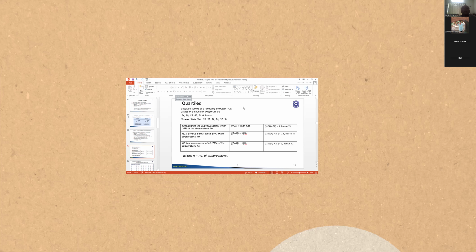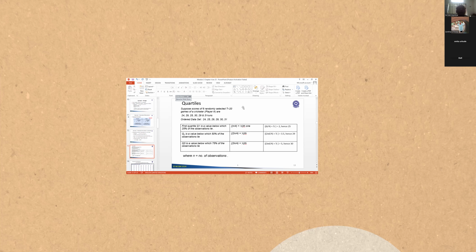When the data is organized in ascending order, it looks like 24, 25, 29, 29, 30, 31. Correct? So what we want to understand is what proportion of the population is up to 25%.